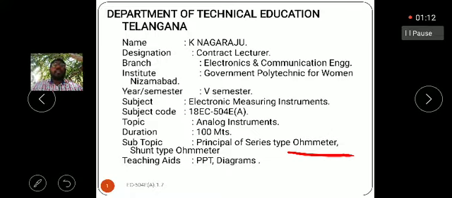In the series type ohmmeter, we are using the D'Arsonval movement meter, connected based on the configuration, the connectivity of the elements in the circuit. Both the series type and shunt type ohmmeters are used only for measuring unknown resistance.